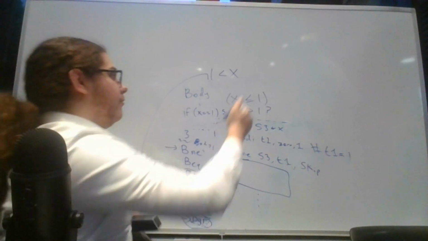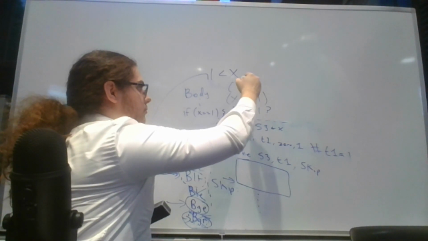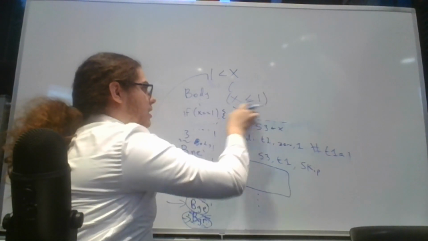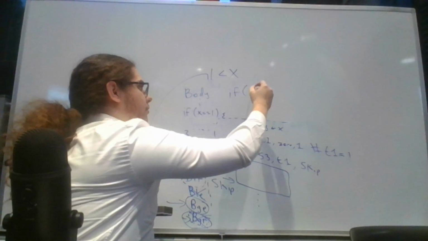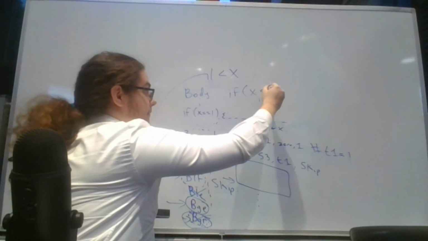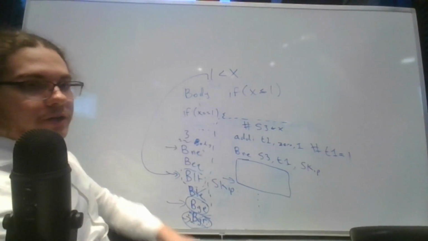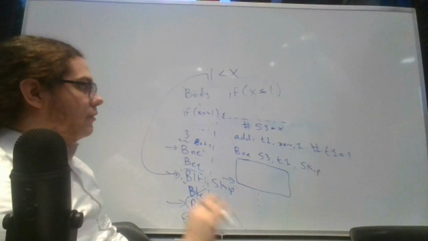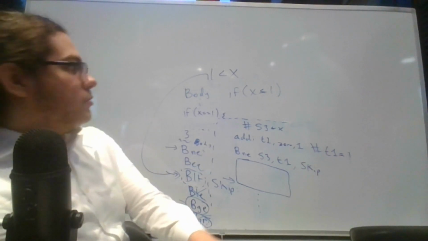So say inside your if statement you have if x is, let's do less than or equal to 1, and you were trying to write code for it, you would say, okay, the first thing I do is I flip the condition, so I negate the condition, and that would get, I'll do actually less than.